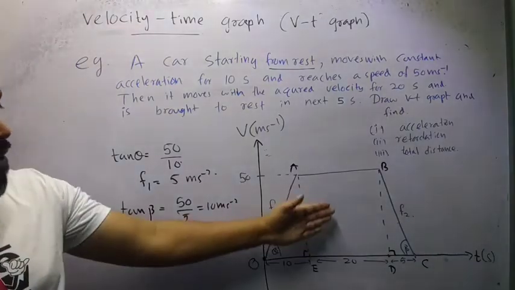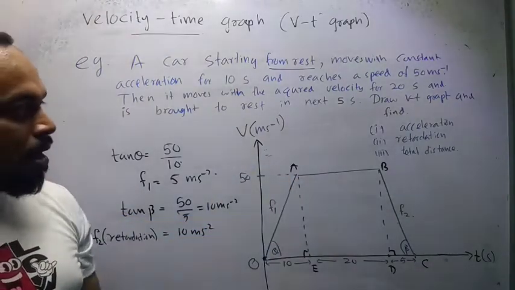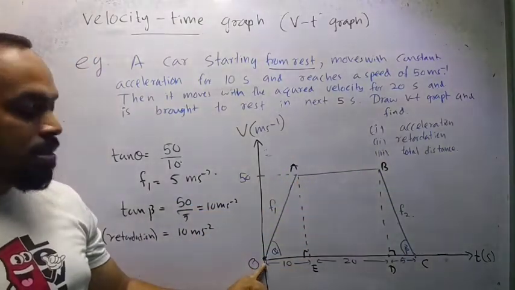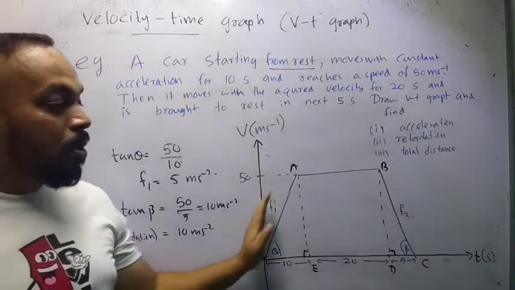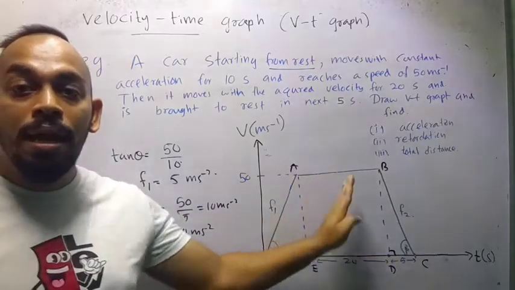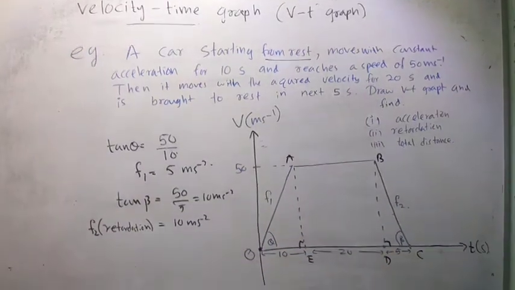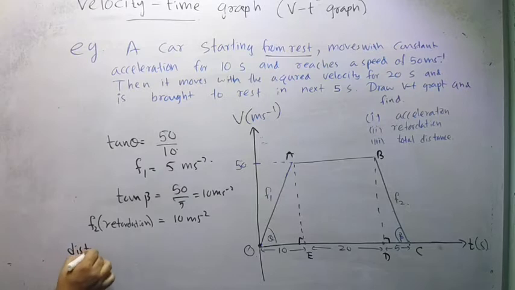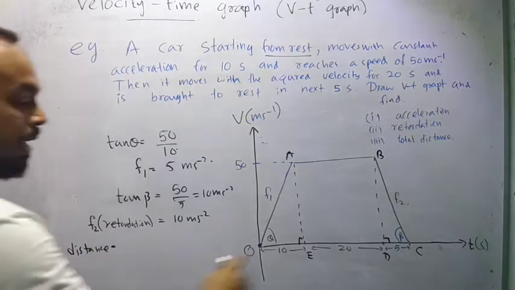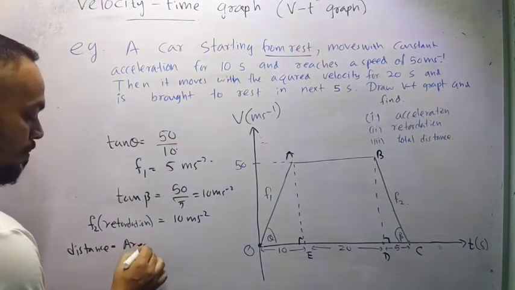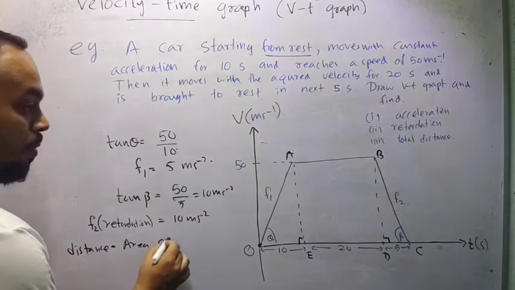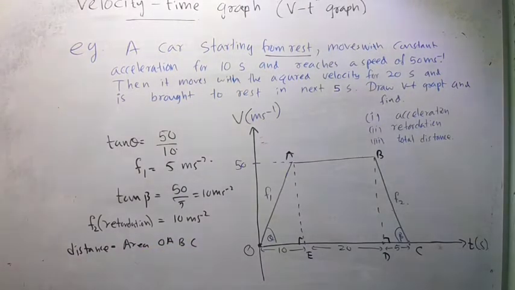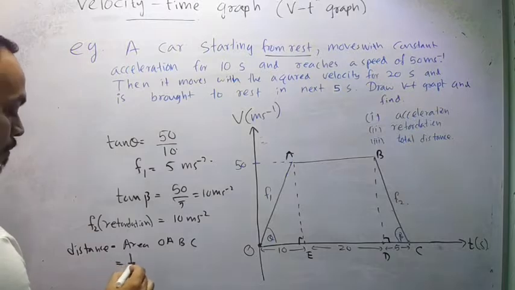But you can see the total distance it has traveled from the starting point O can be obtained by considering the area under the curve. Area under the curve. So distance is actually the area of OABC, a trapezium. See how easy it is.